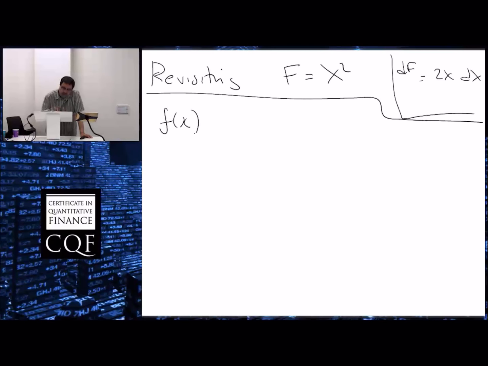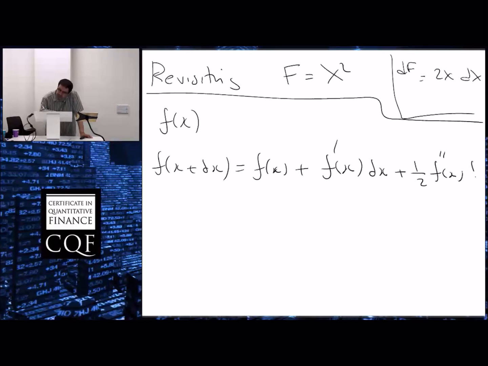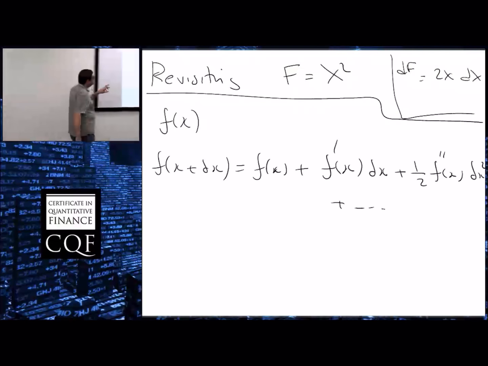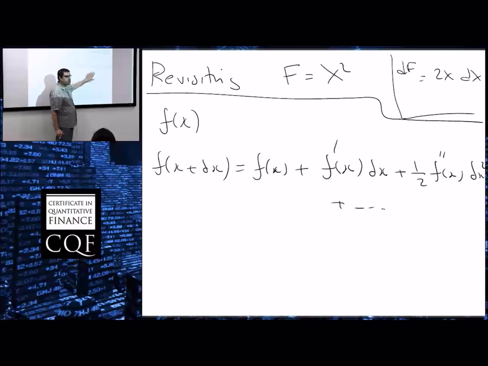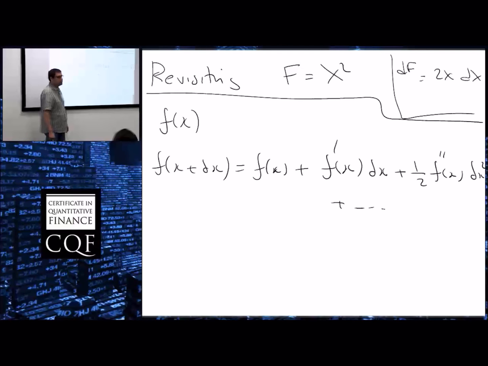Okay, so f of x plus delta x is equal to f of x plus f dashed x delta x plus a half f double dashed x delta x squared, and so on. But when delta x becomes very, very small, which part of this line would you get rid of? As delta x becomes very, very small, which bit would you get rid of? Any thoughts?